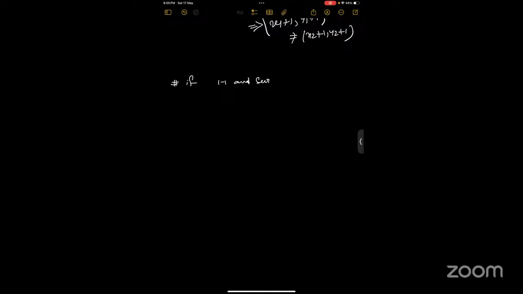Which part are you following? If it is both injective and surjective, then it is bijective. It is the bijective definition. As per definition, that is the case. So the definition of a bijective function is that it will be both injective and surjective.